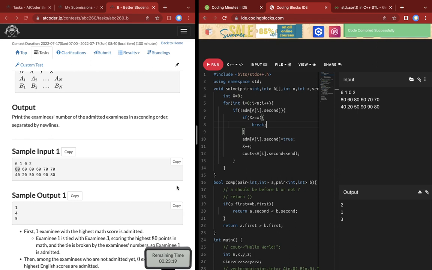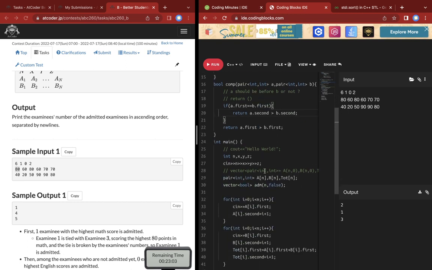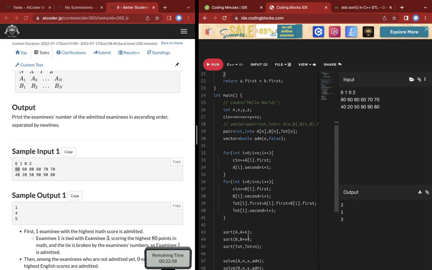Two one three is still wrong. Why would it say 213? Something's wrong. Okay, I'm not even passing the comparator function. Okay.